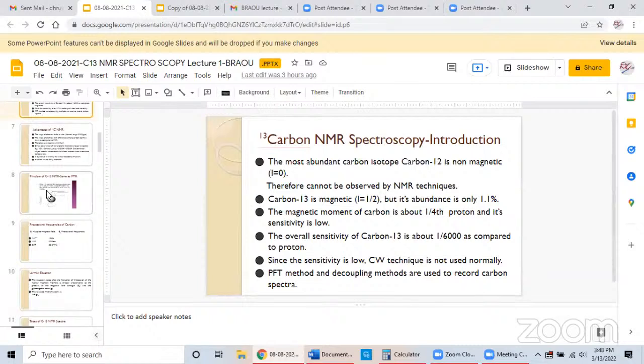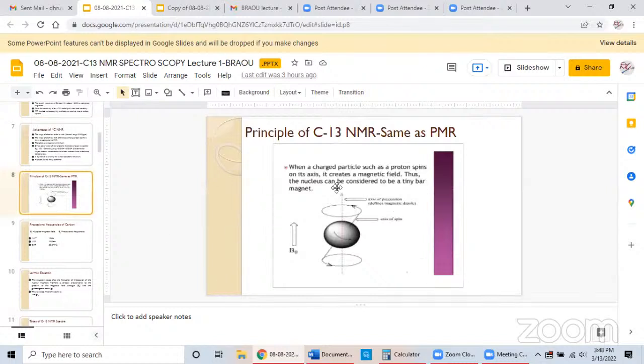So what is the summary of the present discussion? Carbon-13 is magnetic and it gives rise to an NMR spectrum. Why? Because when a magnetic nucleus is placed in an external magnetic field, the same as in PMR, a charged particle, positive or negative, creates a magnetic field.